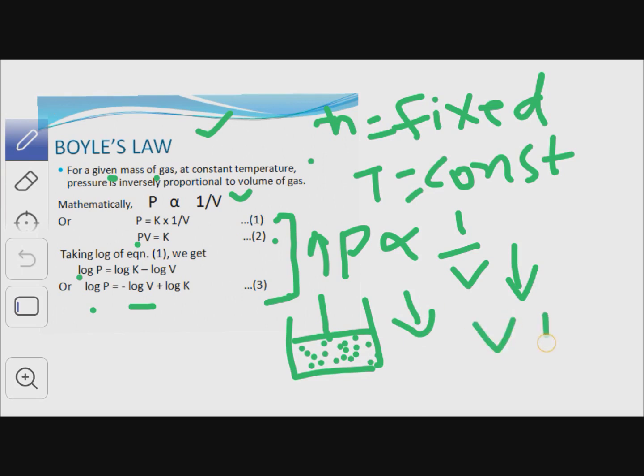The volume of the gas decreases if we increase the pressure over this piston. This shows that the pressure is inversely proportional to volume. If volume increases, it means pressure decreases.